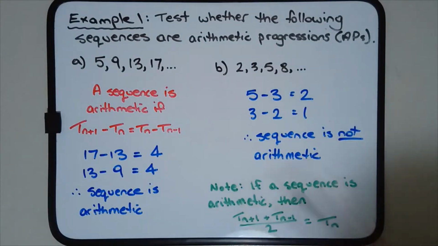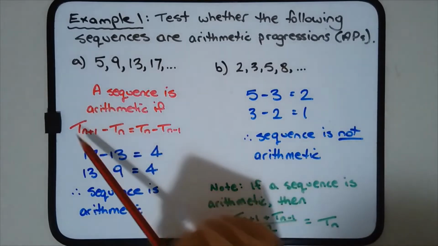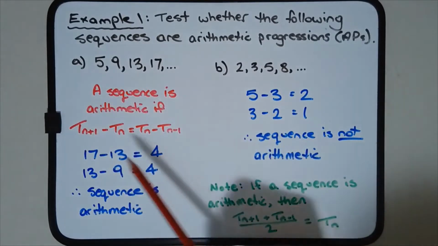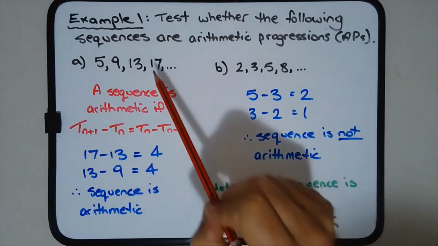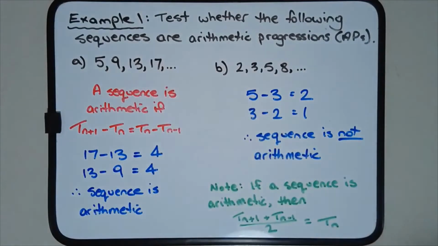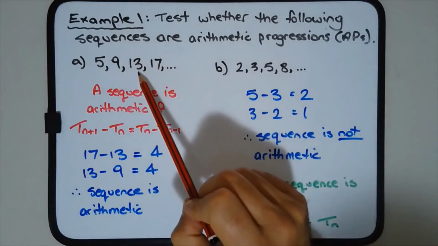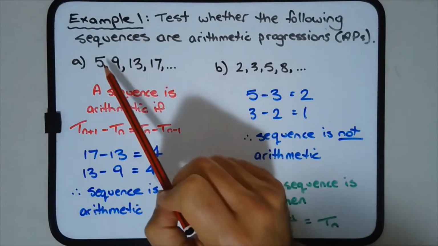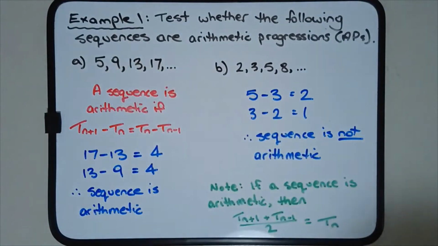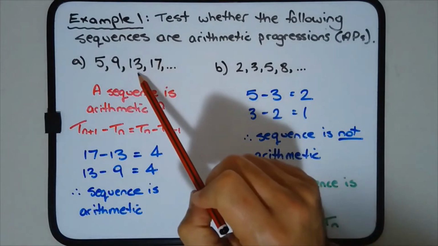Now, just as a side note, if we go back to what was written here in red, and we made Tn the subject of the formula, then what you end up with is the average of 2 terms. So let's say we chose a term and we looked at the terms on either side of it, Tn plus 1 and Tn minus 1, and we took the average of those, it should equal the term in between.